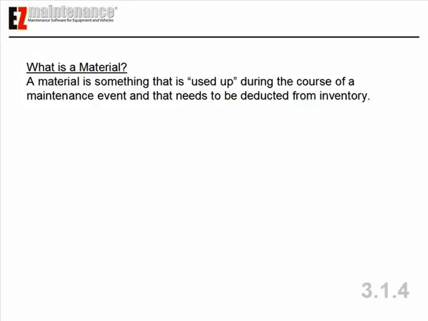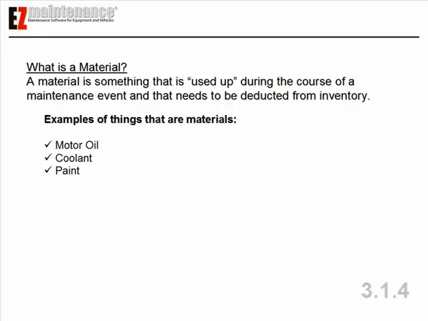Now we'll discuss how to enter the materials you use in vehicle maintenance into Easy Maintenance. First, however, we should explain what the word material means in Easy Maintenance. The word material means something that is used up during the course of a maintenance event and that needs to be deducted from inventory. Good examples of materials are things like motor oil, coolant, or paint.